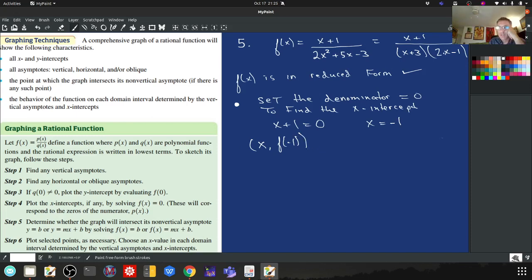Notice that I should have probably found the domain here, but let's just find the value of f of minus 1. And I know that's equal to 0. So at minus 1 and 0, that is the point where the function crosses the x-axis or touches the x-axis and bounces off.